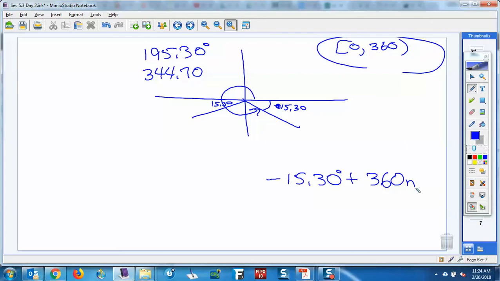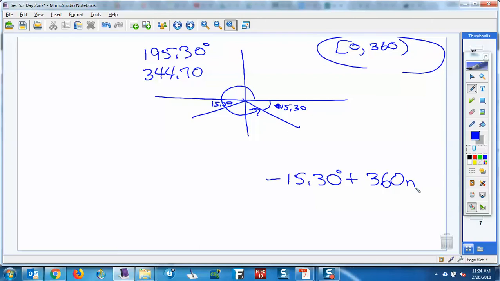So negative 15.30 plus 360, that'd give you this one, plus 360, plus 360, plus 360. That would actually be okay. Now, I'm guessing most of you wouldn't. You would probably give these and do plus 360 n, and that's fine also. But when it says between 0 and 360, the two answers have to be between 0 and 360.